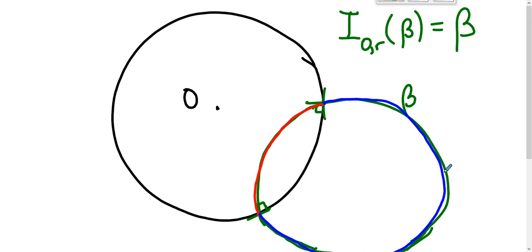I should note, because this matters, that this orthogonal circle is unique. So you give me any two points, R and S. There is one and only one orthogonal circle to the black circle passing through R and S. How do we find it?